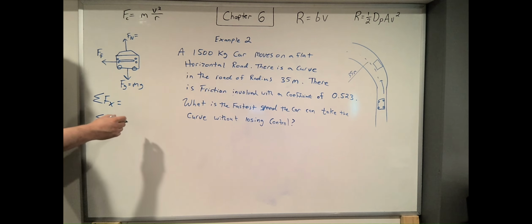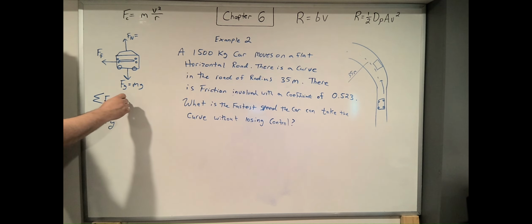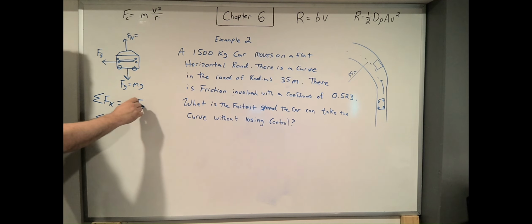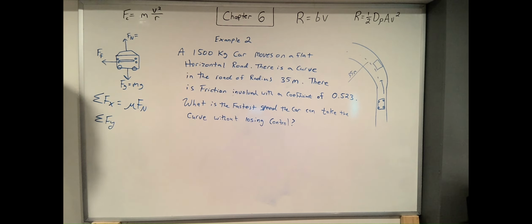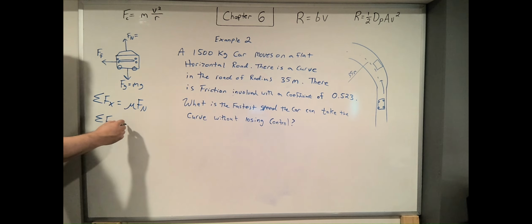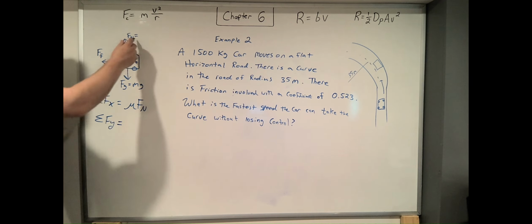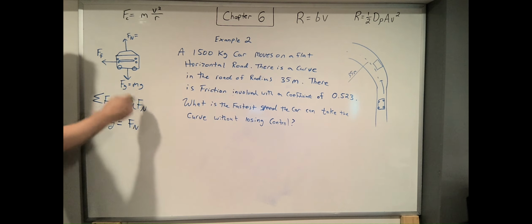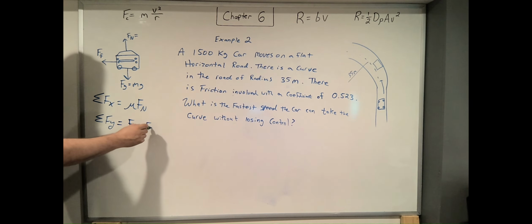Simply the friction force, right? So the friction force is mu times the normal force. What's happening in the y direction? Well, I have the normal force pointing up, and I have Fg pointing down.